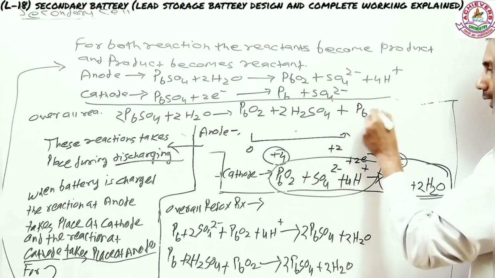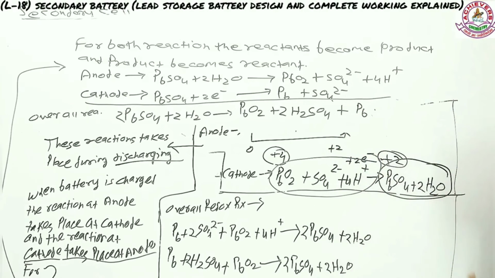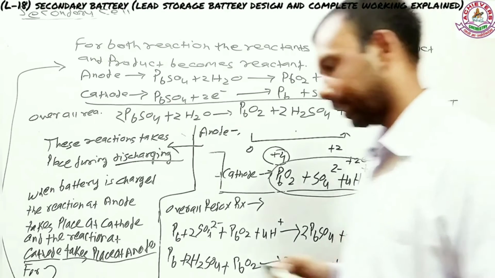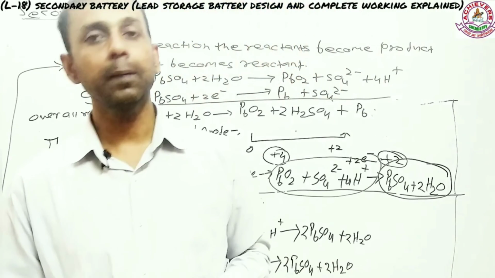So this is the overall reaction. I hope I haven't missed anything here. So this is how a lead storage cell works, and this is how the reaction changes during the charging and discharging.